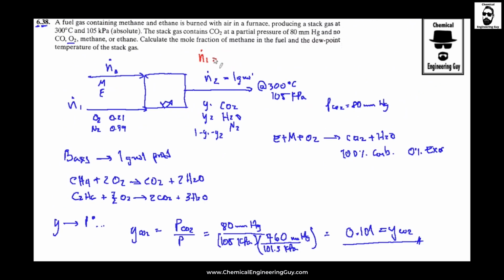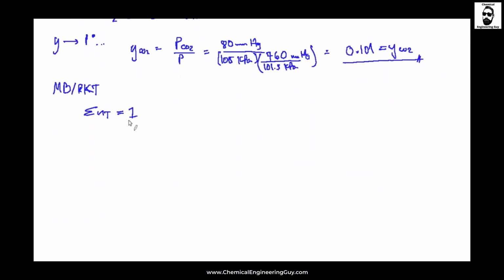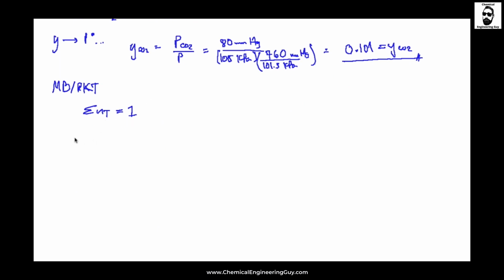N2 equals the total amount of moles, and I chose it to be 1 as a basis, so that's my advantage. That's why I chose it. So let's do the first mass balance, an atomic species balance on carbon. So we have inlet equals outlet, because they are atoms, they don't get created nor destroyed.